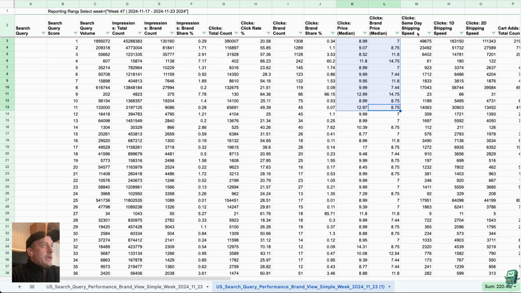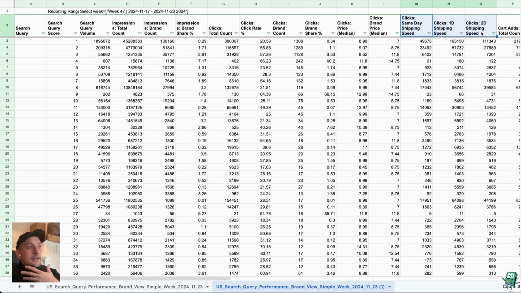All right, then we have these three: same-day shipping speed, one-day shipping speed, and two-day shipping speed. This is also a very, for me personally, unused area. I have not found any good sources out there that give me ideas on how to use that specific data.